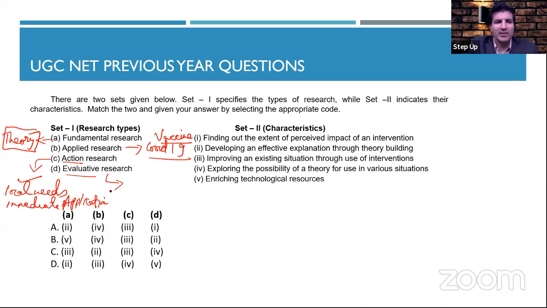See, evaluative research is basically, as the name suggests, evaluative, right? So for example, let's say I am a citizen, and the government is taking certain decisions. There are schemes, like for example, the NREGA scheme, which Congress launched, or the Jan Dhan, which I think BJP launched, right? Whichever political party.